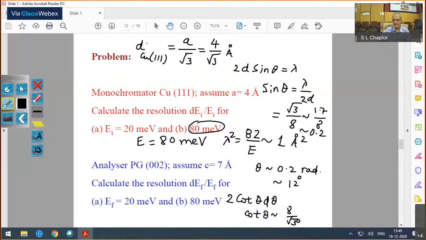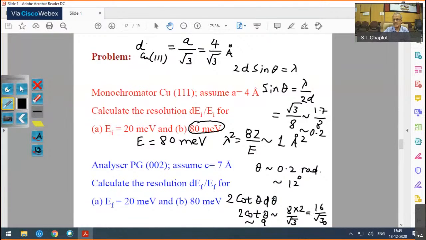And if that is what I get, then my corresponding energy resolution is twice this, that is 16 divided by root of 3. So 2 cot theta is this multiplied by 2. And 16 divided by root of 3, that is 16 divided by 1.7, so it is close to 9.